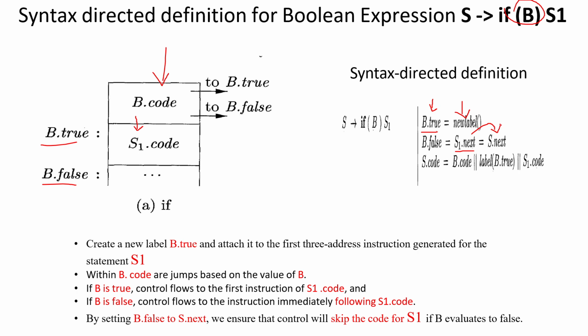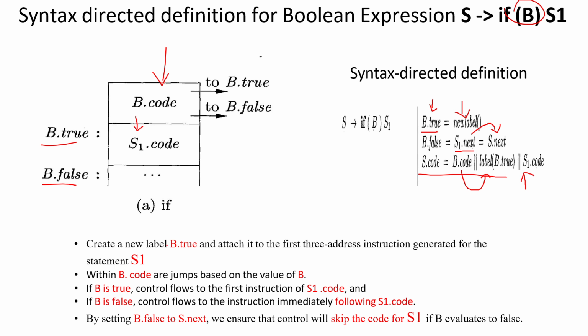Now we are writing the syntax directed definition for S dot code. So S dot code equals, first we evaluate the B dot code. If the condition is true, it will go to the label of B dot true. Then S1 dot code will be executed.